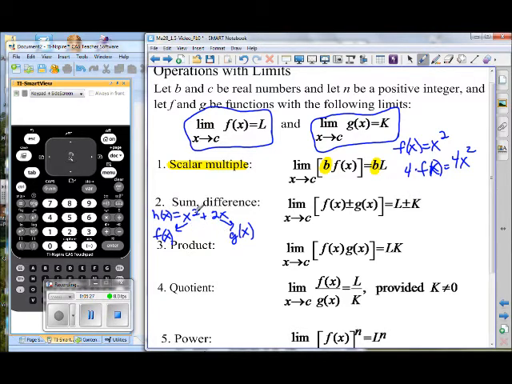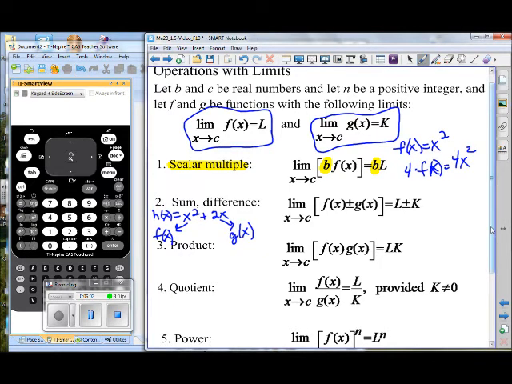So if I know the limit of x squared as x goes to some value c, and I know the limit of function g as x approaches the same destination, my inputs go to the same place, then I can just take the answers, the limit of this plus the limit of that, and I would have the limit of the sum of those. So I can take any function and break it into multiple monomials, evaluate each monomial individually, and then know the limit of the original one.